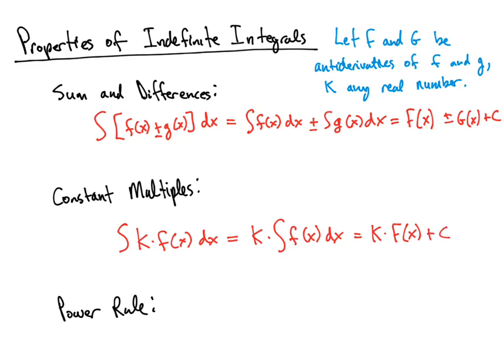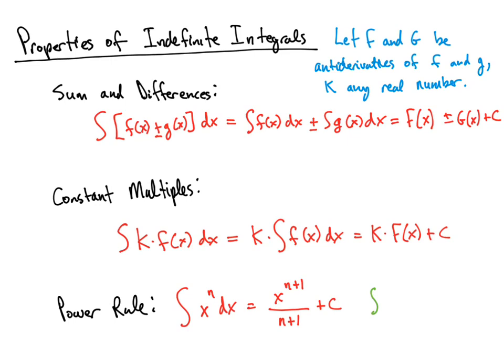All right, and then the last rule is the power rule. So if we have the integral of x raised to the n power times dx, what we do, I mentioned this earlier, is we raise the power on that exponent by 1, and then we divide by whatever that new exponent is. And then we add the constant c. So I'll do a quick example of this one.